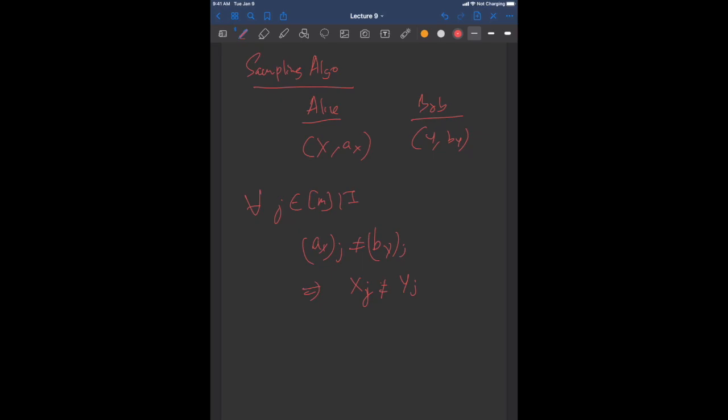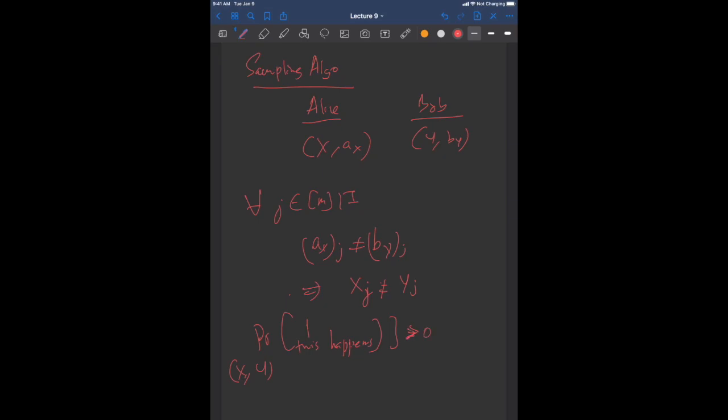So what we want to prove is that we can sample an A_x and B_y with these properties with non-zero probability. So we want to show that the probability of this happening, over the sampling algorithm which samples (x, y), is strictly greater than 0.